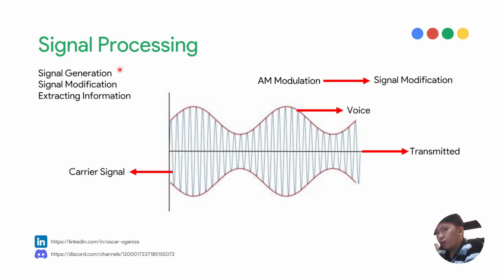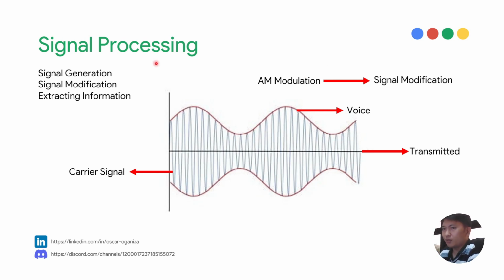If we modify our voice through amplitude modulation, as we said earlier, you either compress or reduce the noise, you improve the signal to produce a better signal or better voice.